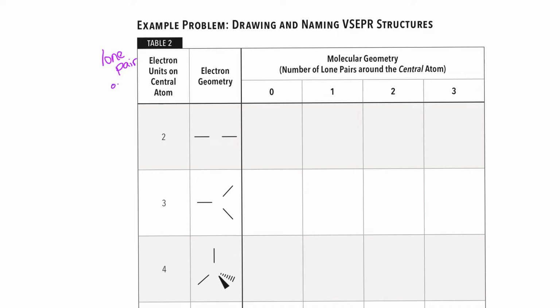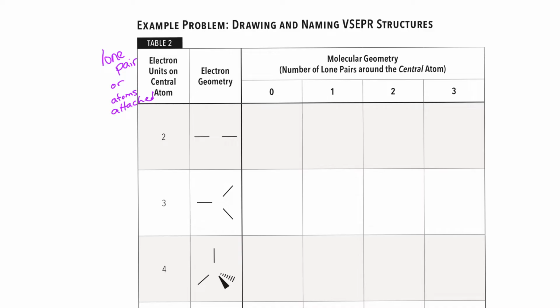Or our electron unit can be the atoms that are attached to that central atom. So again, we're not counting the number of bonds or the type of bonds, so we're just counting the number of atoms attached. So a single bond or a double bond or a triple bond, we're only going to be counting that number of atoms attached and not the number of bonds that are there.